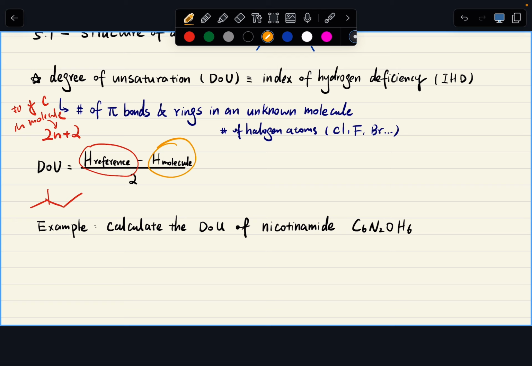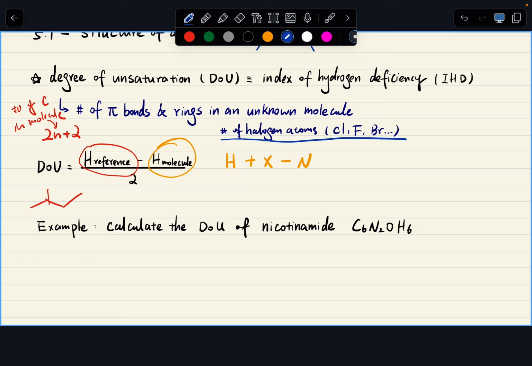Now, this number of hydrogens in the molecule can be a little more complicated depending on the number of heteroatoms we have. In this case, the hydrogen count of the molecule equals H plus the number of halogens minus the number of nitrogens.